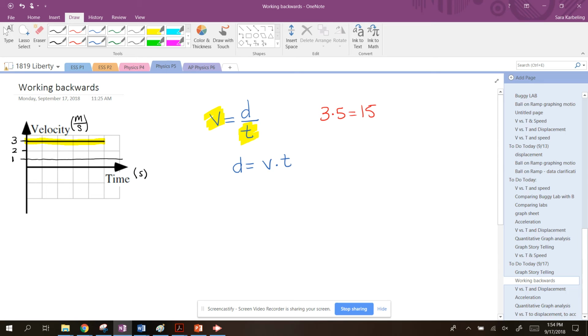But I want you to take a look over here because I was just really reading off of this graph. My velocity is 3. My time is 5. If you haven't drawn this graph on your paper, please do because you need to have this so you understand how this works. Okay? Take a look at this. I have a velocity of 3 for 5 seconds.